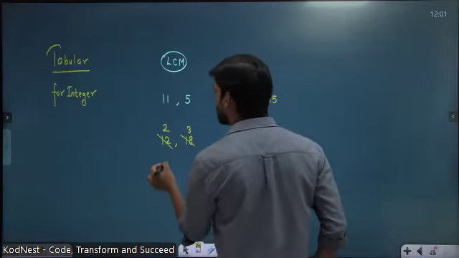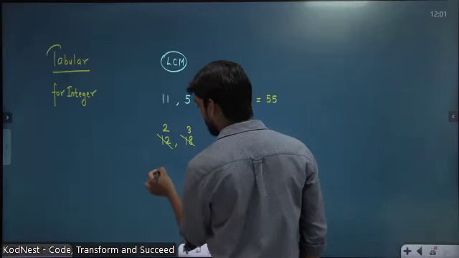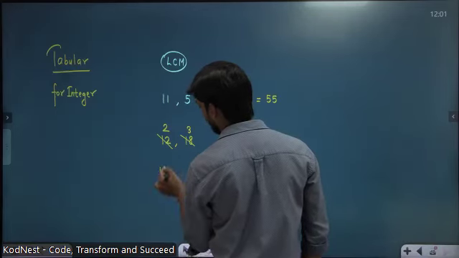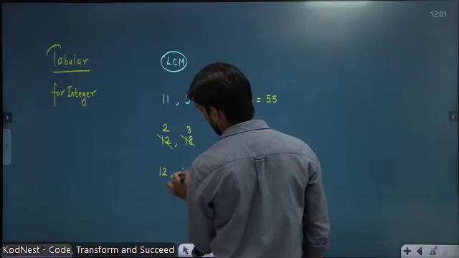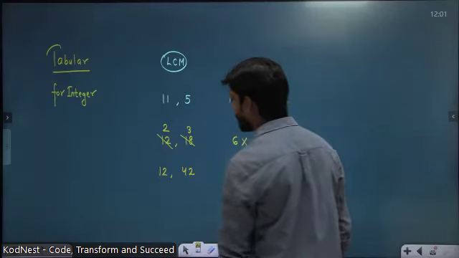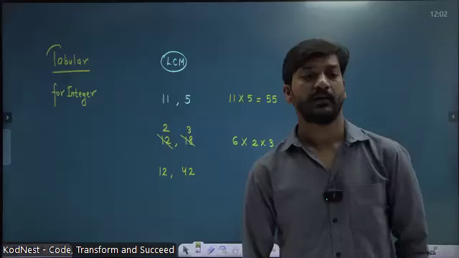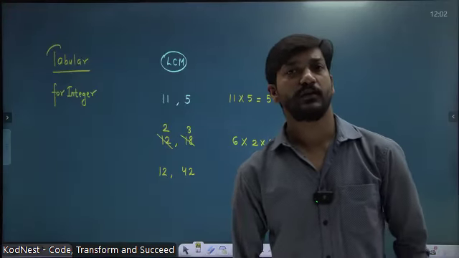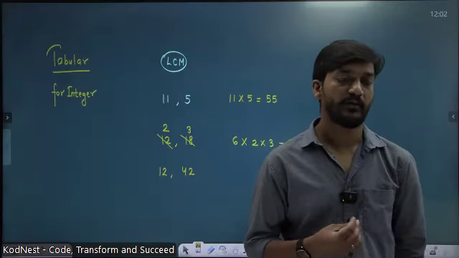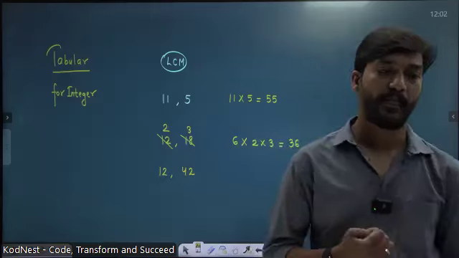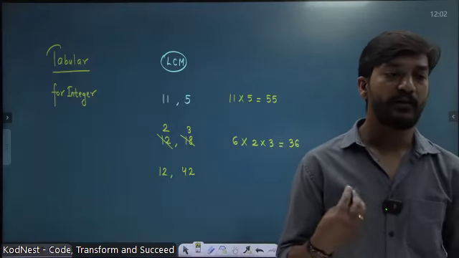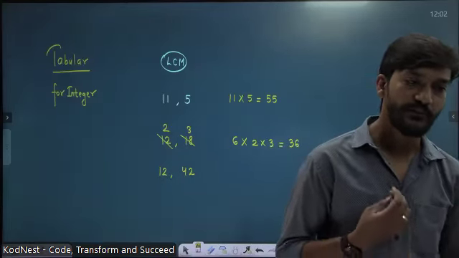Suppose I take, let's suppose, another two numbers. What is common to these two? Try to say the highest common. Try to think highest. That will be good for you.